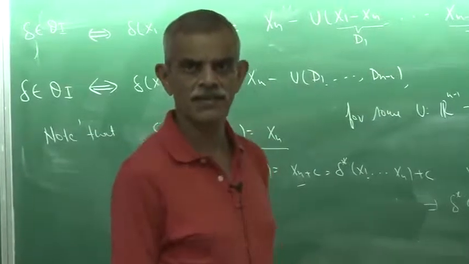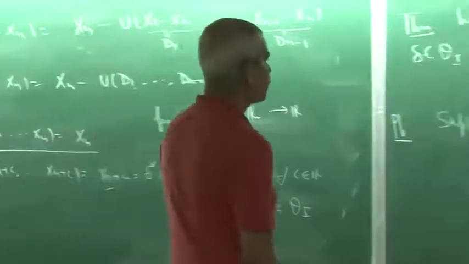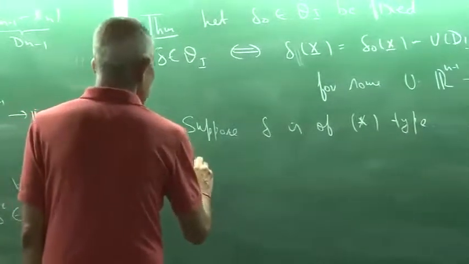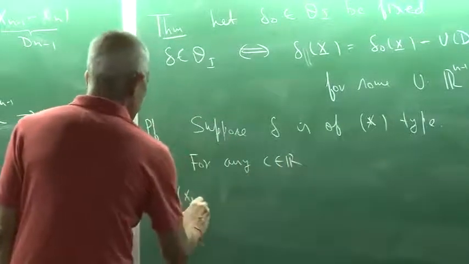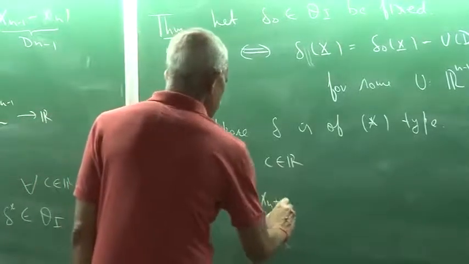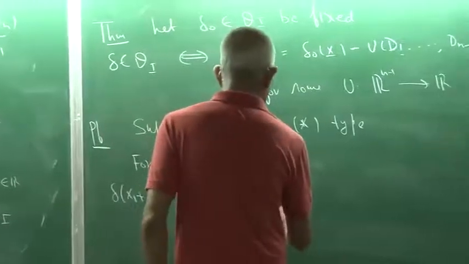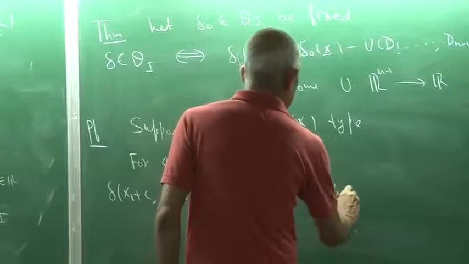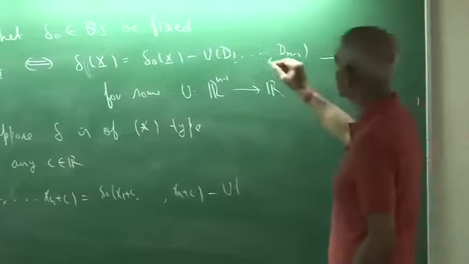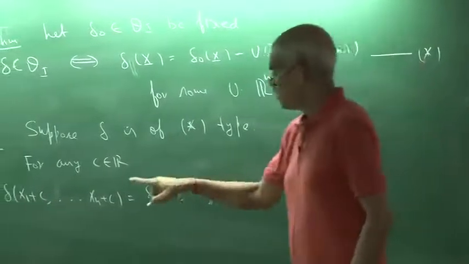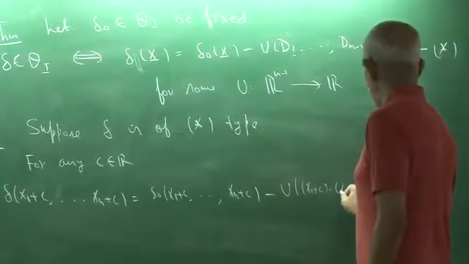Delta is invariant means delta of x1 plus c, ..., xn plus c is the same as delta of x1, x2, ..., xn plus c. So see that for any c belonging to R, delta of x1 plus c, ..., xn plus c, by definition, would be nothing but delta naught of x1 plus c, ..., xn plus c, minus u of d1, d2, ..., dn minus 1. d1 is nothing but x1 minus xn, so it would be x1 plus c minus xn plus c.